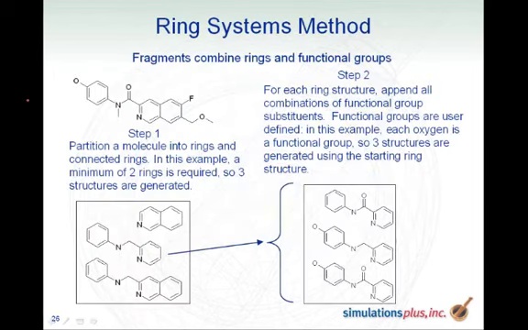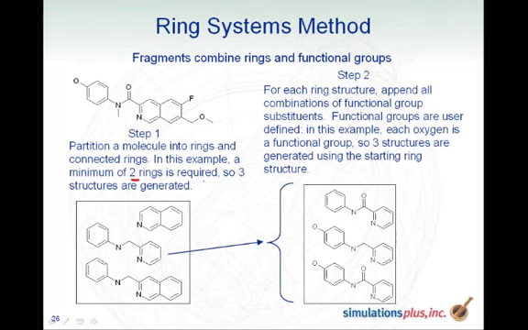So just to illustrate one of the methods used to create these clusters, I'll illustrate the ring system method. So if you take a compound like this amide here, the first step is to partition the molecules into rings and connective rings. So typically what I say defines it needs to have a minimum of 2 rings in order to be in a class, or as a scaffold in a class.